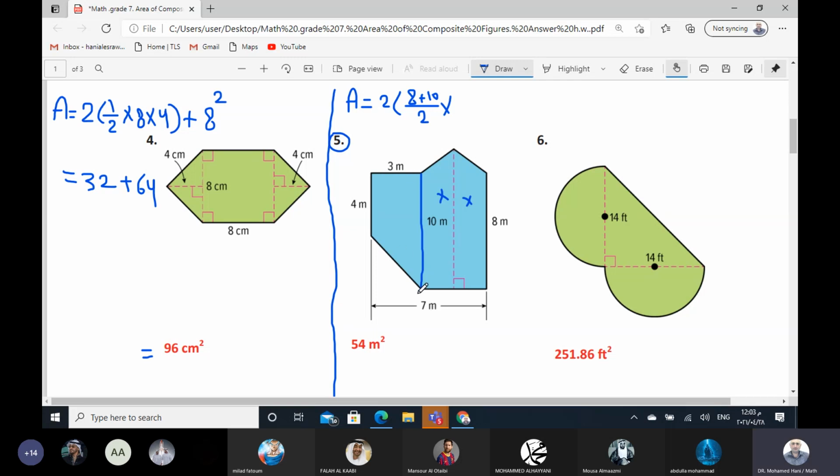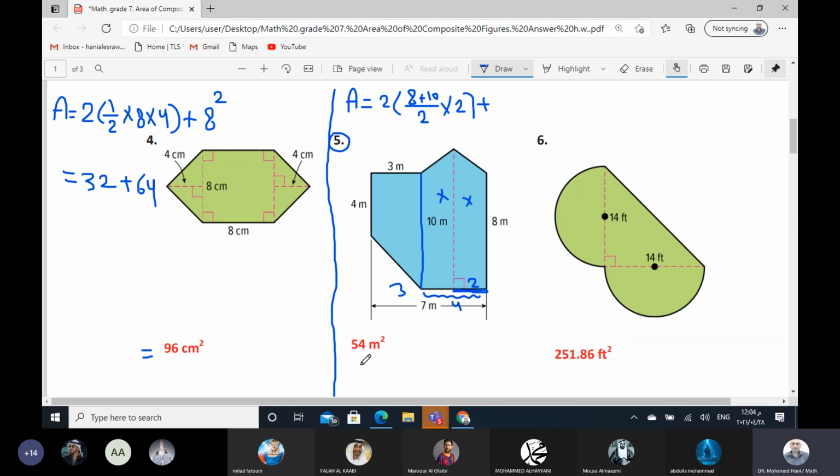This part 3, this part here 3. 7 minus 3 will be 4. So the distance here will be 4. The half of 4 will be 2. So the height of the trapezoid will be 2. So multiply here by 2.